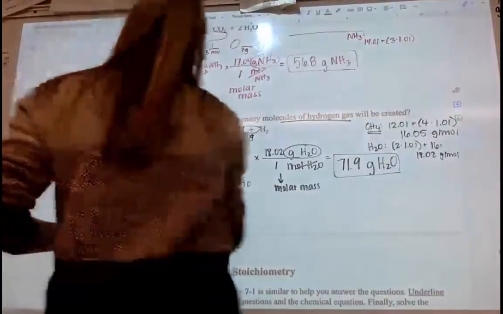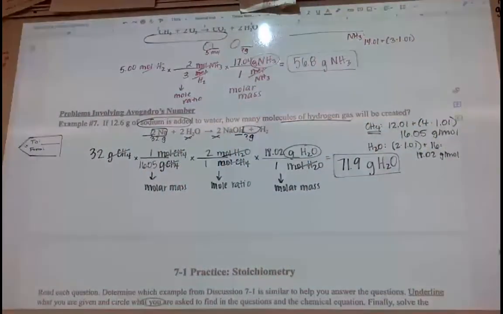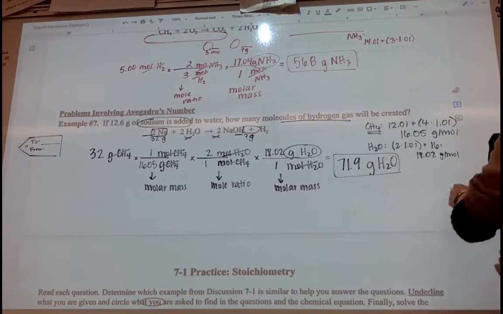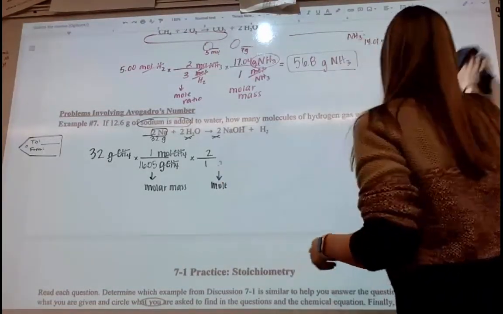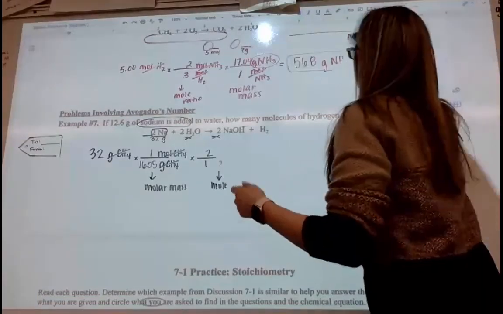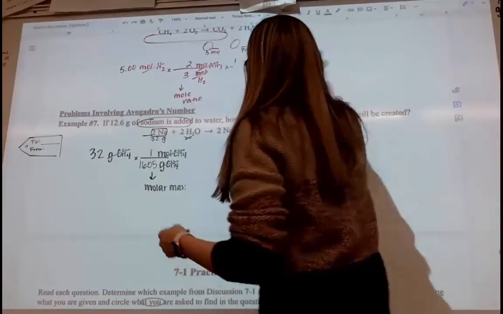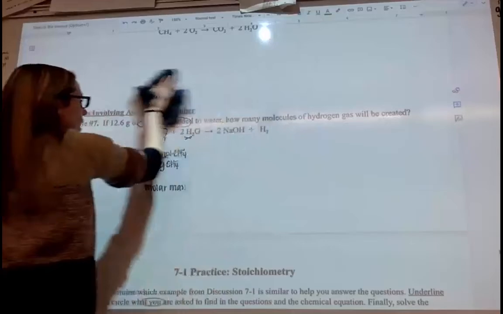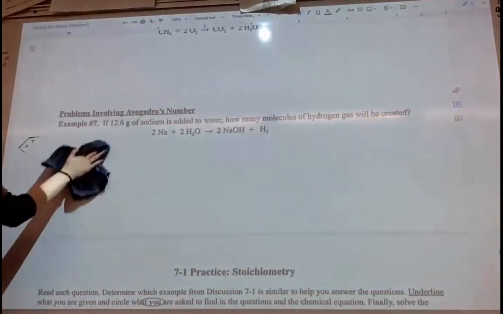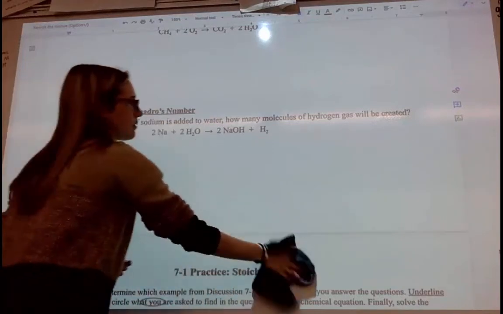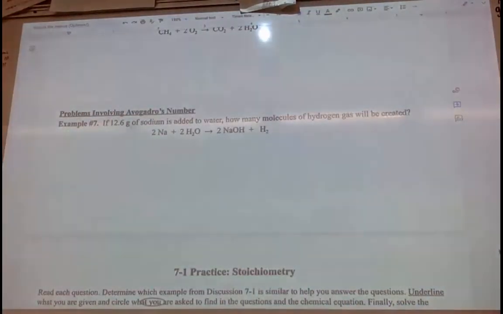Circle what you're given, underline what you're given, circle what you're trying to find. And if you have a different way, if you like highlighting or using different colors, whatever works for you. I just try to give you some strategies to make it a little bit easier to follow some of these problems. So let's go through this one.